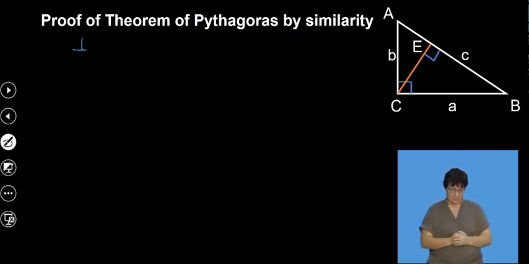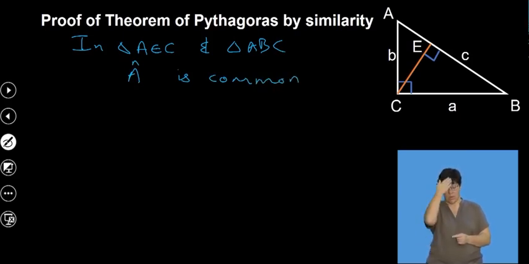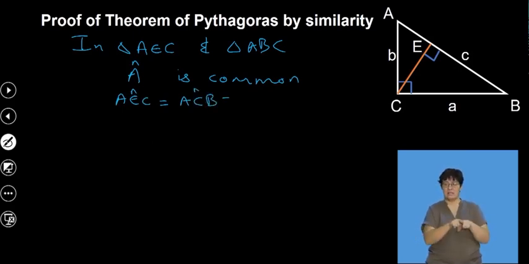So I will then say in triangle AEC and triangle ABC, I'm just going to label them first so that we have a focus. I know that the angle A is common, and I know that the angle AEC is equal to the angle ACB, which is equal to 90 degrees.